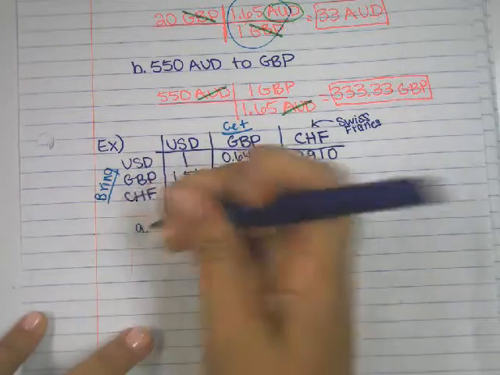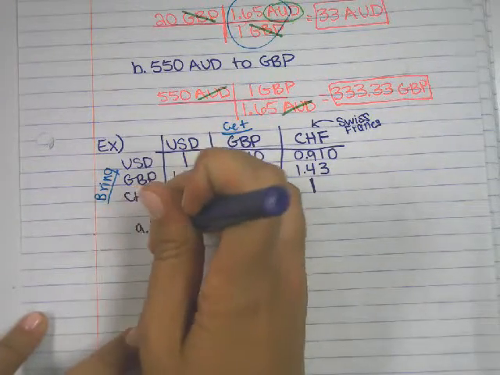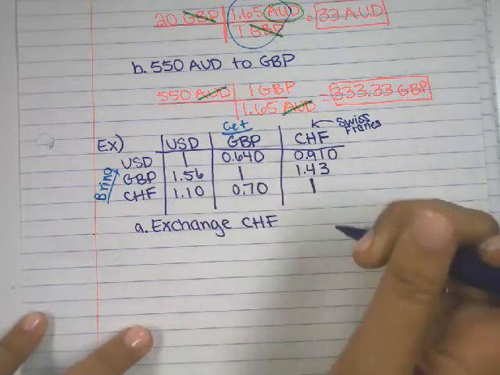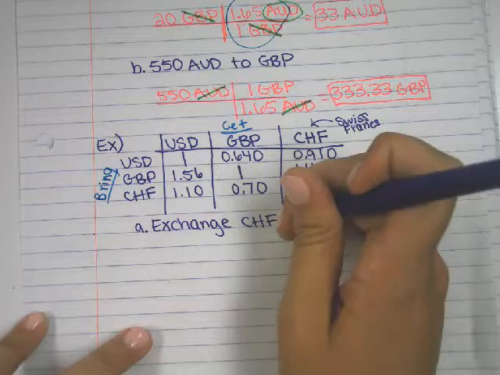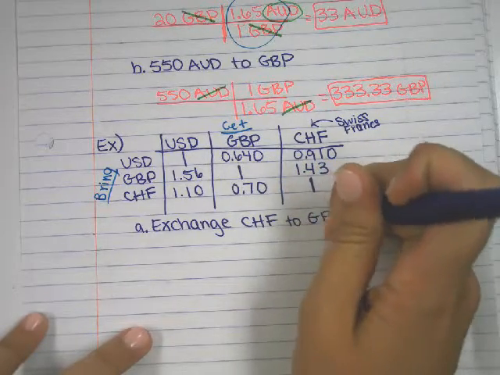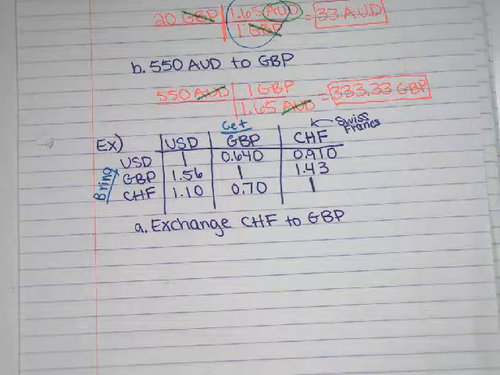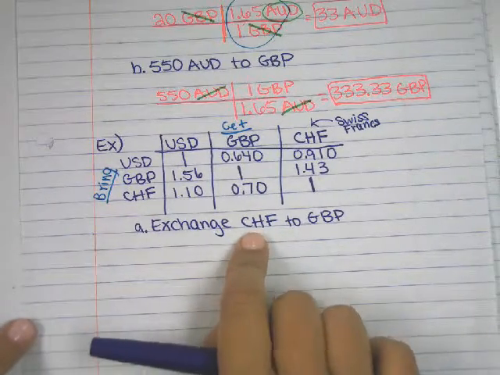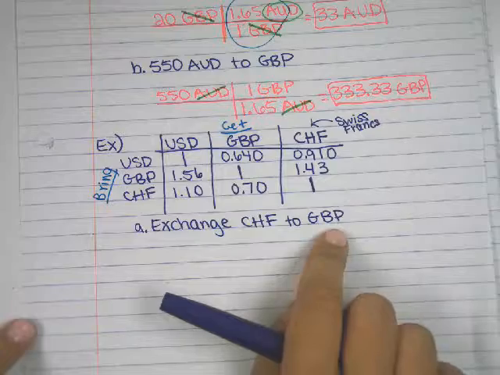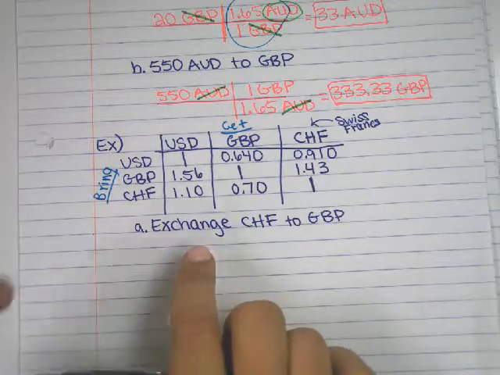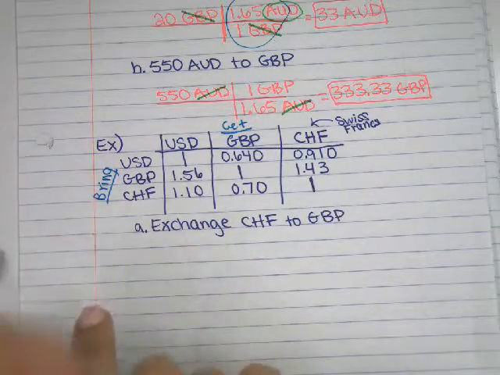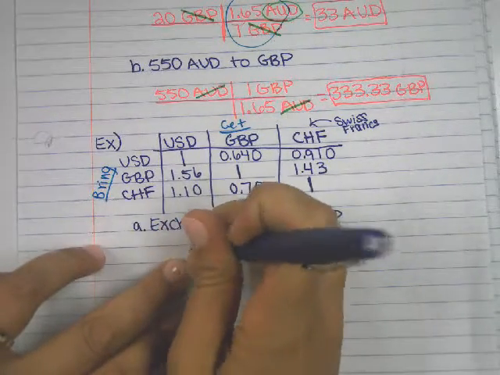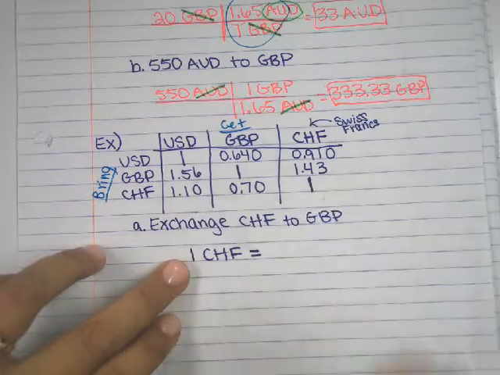So let's see what we could do. Let's exchange the CHF to GBP. So what is the exchange rate if you bring the CHF and then you get GBP? We don't actually have an amount of money that we're trying to change, just what is the exchange rate? So we would say we're trying to exchange one CHF.